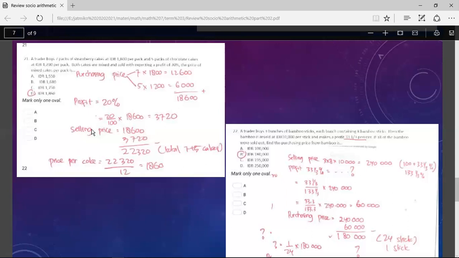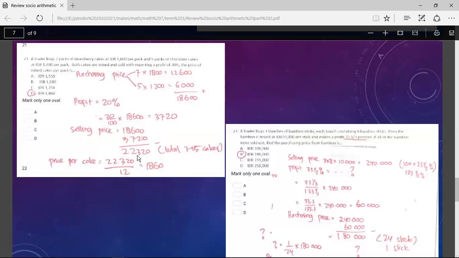Then the selling price is the purchasing price plus profit. So 18,600 and 3,720. Total is 22,320.